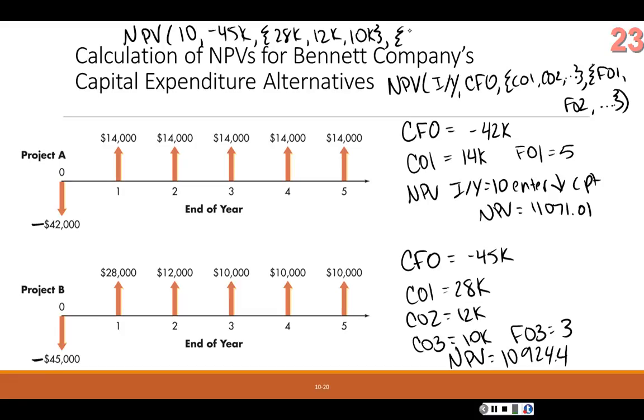The frequency of the first cash flow is 1, frequency of the second cash flow is 1, comma, and the frequency of the third cash flow is 3. Close braces, close parentheses. I get so many questions because people forget to put the commas in. You do have to put commas between every cash flow and between the brackets and the interest rate. Once you have these entered in correctly, you should get $10,924.